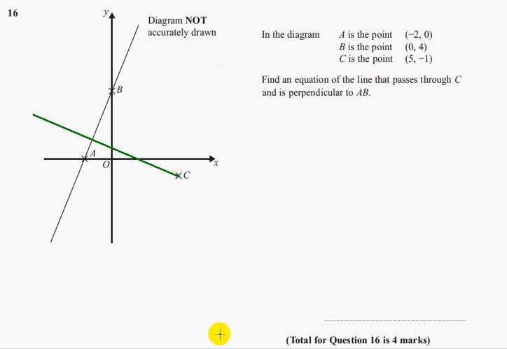started. What we do know though is we can work out the equation of line AB. So if I write the general equation of a straight line, y equals mx plus c, where m is the gradient, how steep it is, and c is where it crosses the y-axis, we can figure a few things out.